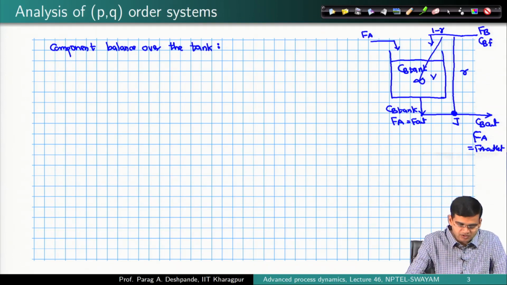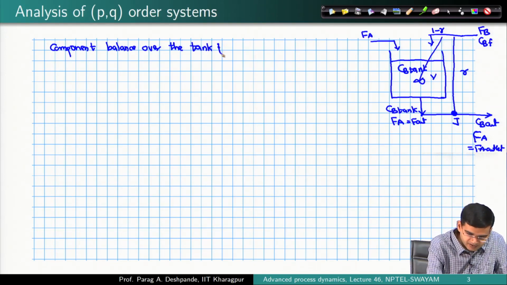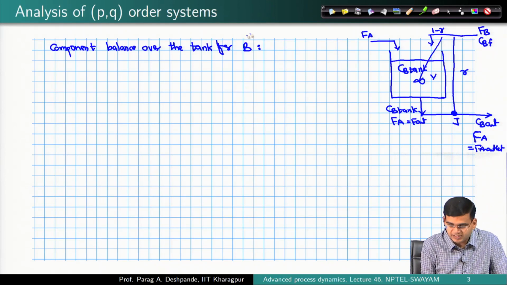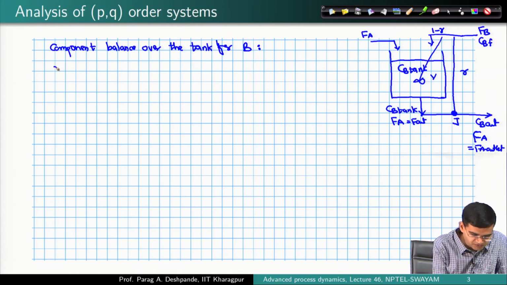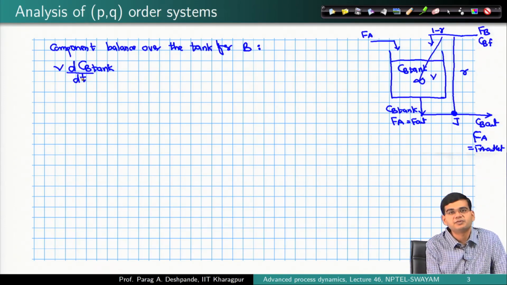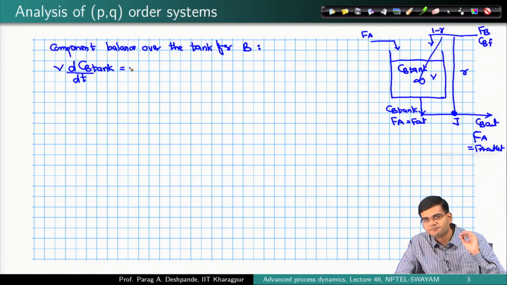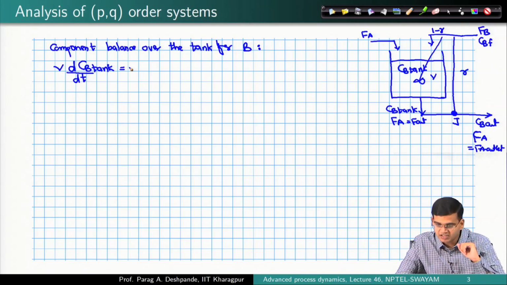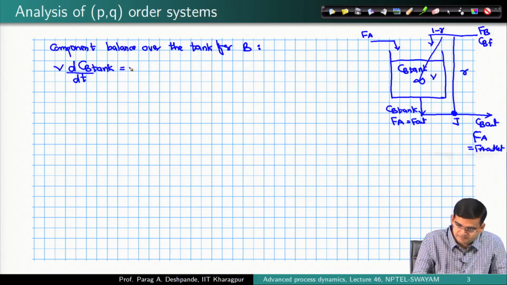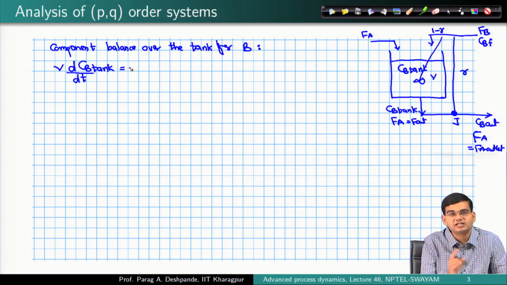So, let me make the component balance over the tank for B, right. So, the time rate of change of B in the tank will be given as, for constant volume, V dC B tank by dt is equal to, from stream A no B is coming, from stream B, B is coming at a concentration of C B F, but only fraction 1 minus R is going there.